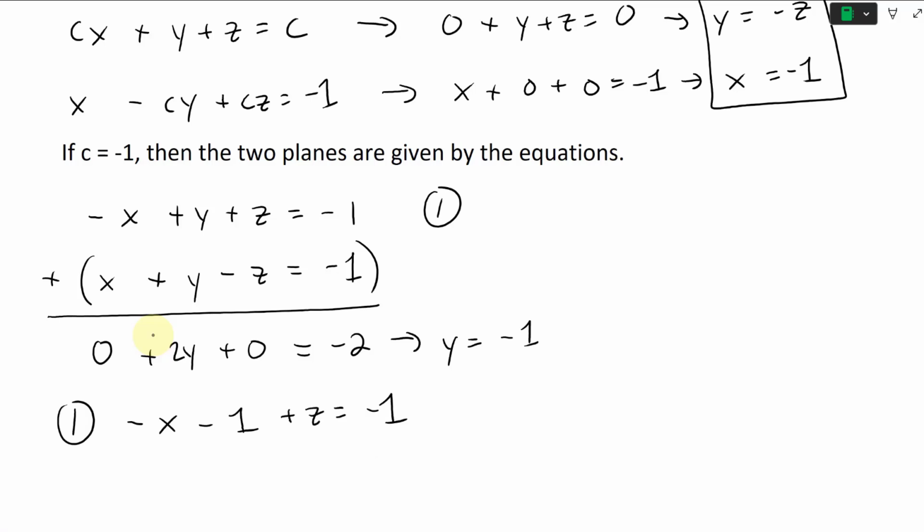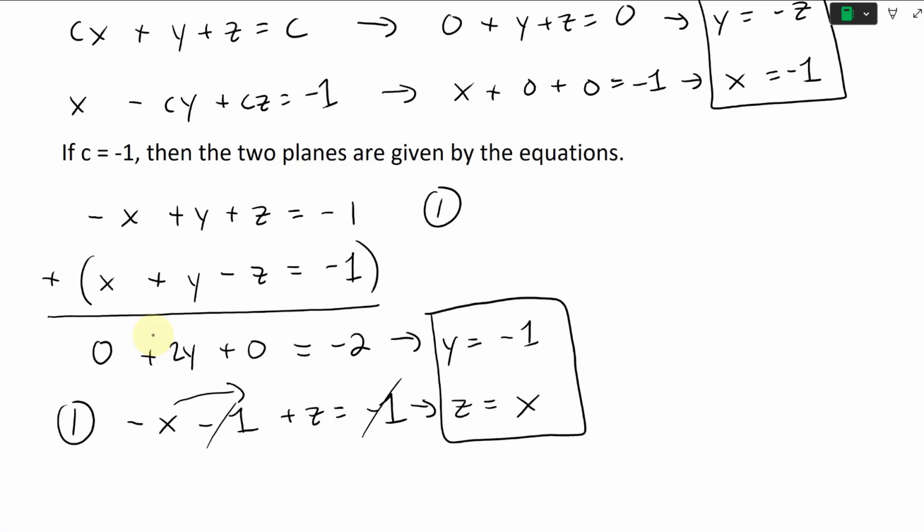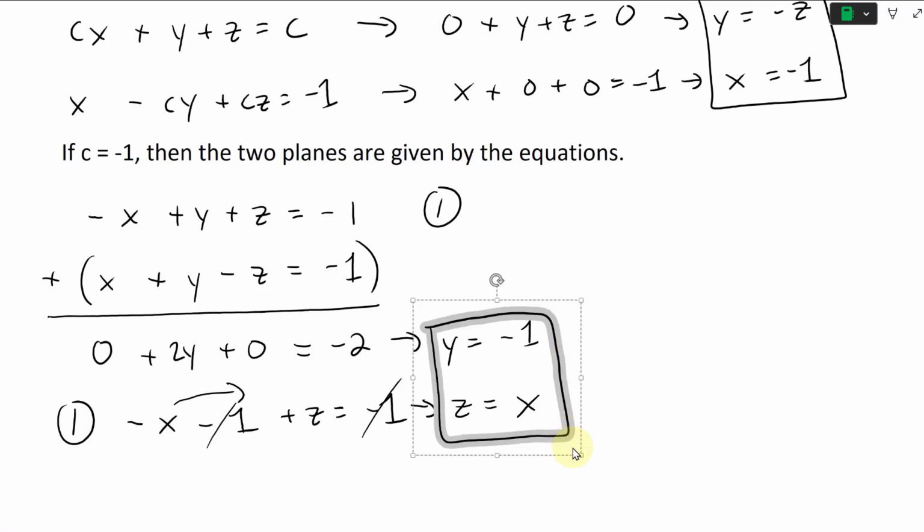So the negative 1 and negative 1 cancel, and move this over to the other side. We just get a simple z equals x. So our symmetric equations for this case are just y equals negative 1 and z equals x. Let's move this up like that.